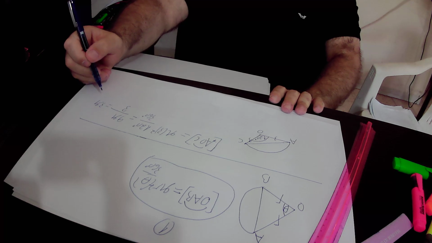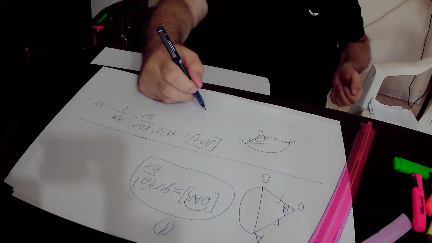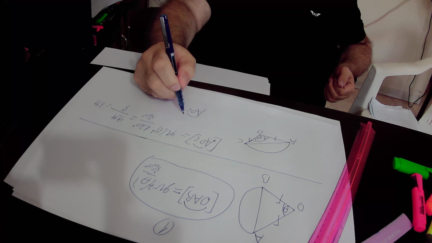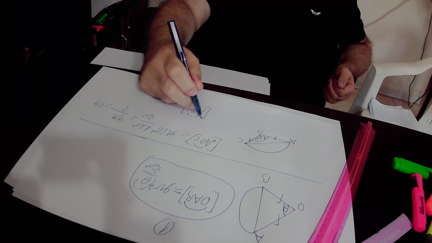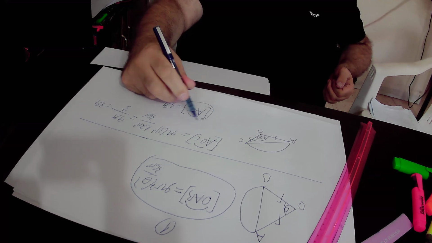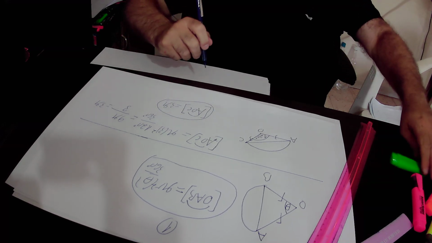So in conclusion, we found that the area of sector AOC equals 3 pi square units.